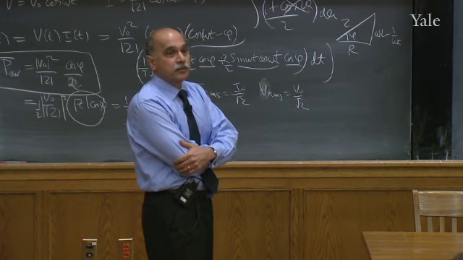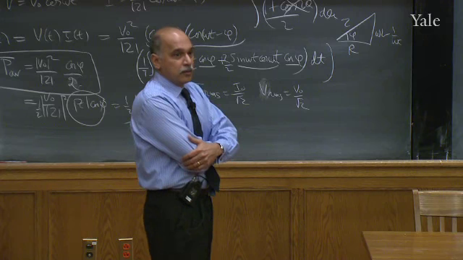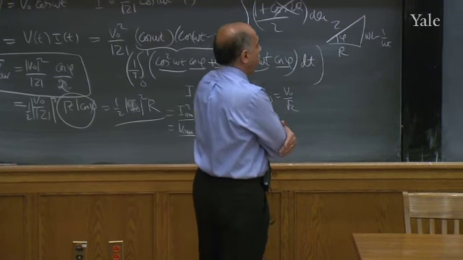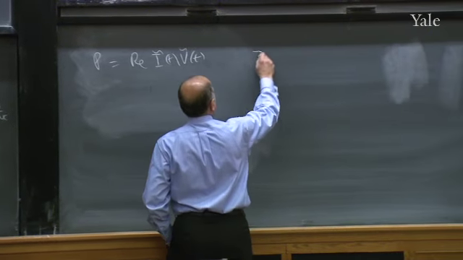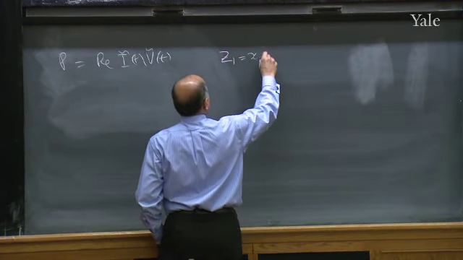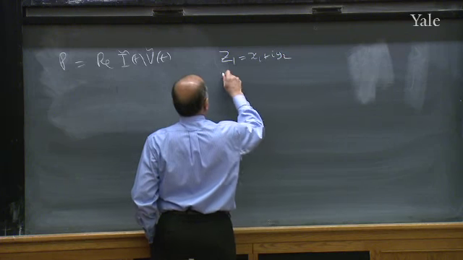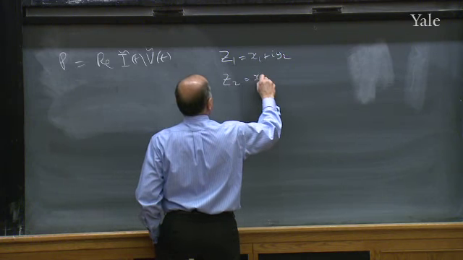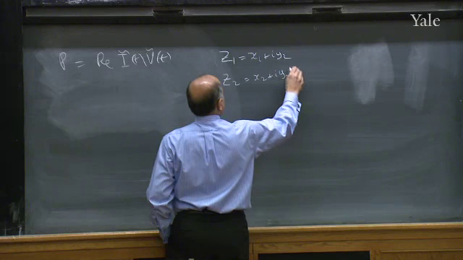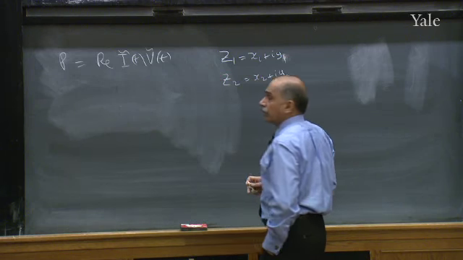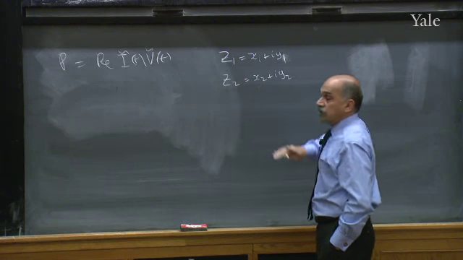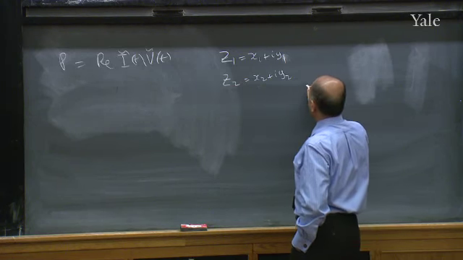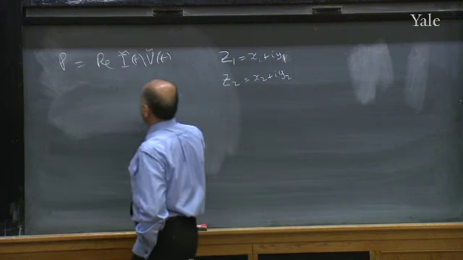Yep. Yes, if you want, he's saying you're multiplying but not adding. So let me say the following. Suppose you had a complex number z1, which is x1 plus i y1, and another complex number z2, which is x2 plus i y2. If you take the real part of z1, you get x1. If you take the real part of z2, you get x2. But suppose you wanted x1 x2 for some reason.